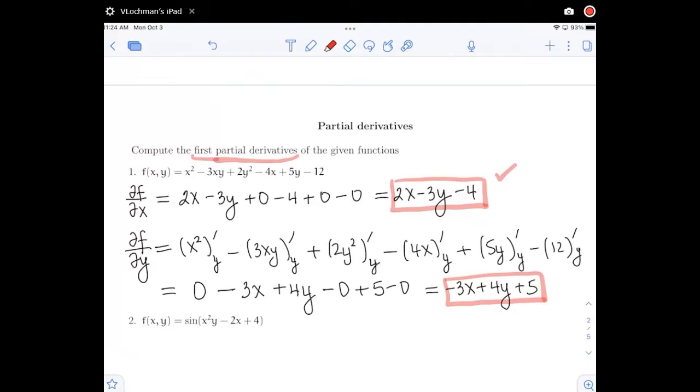And if I pick a point on the surface and I only move in the direction of y, then it's going to give me a rate of change in the direction of y. So how does my surface change? Negative 3x plus 4y plus 5, that's the function that describes that rate of change, okay? So computation-wise, does this make sense, like all the steps are correct, clear to you guys?